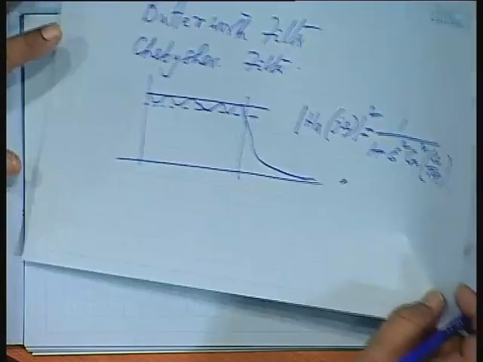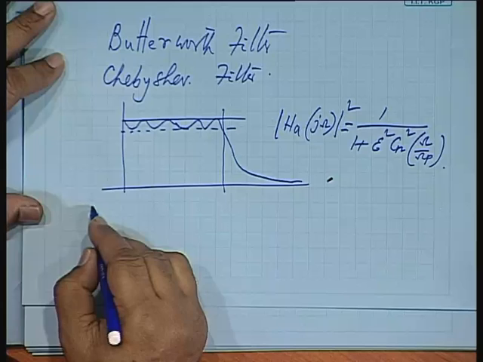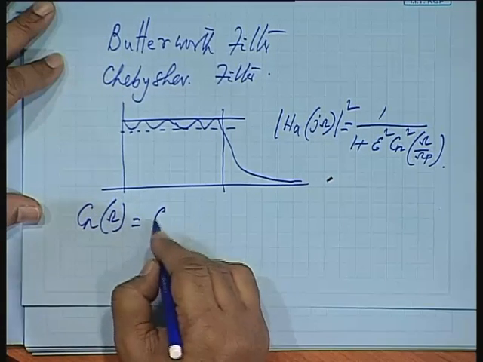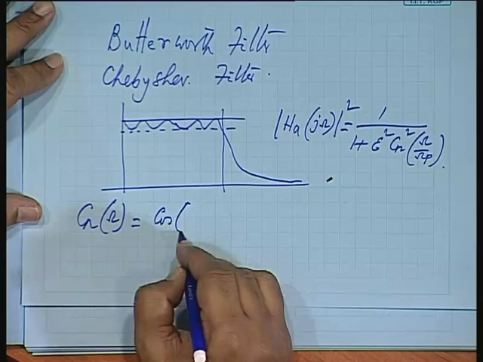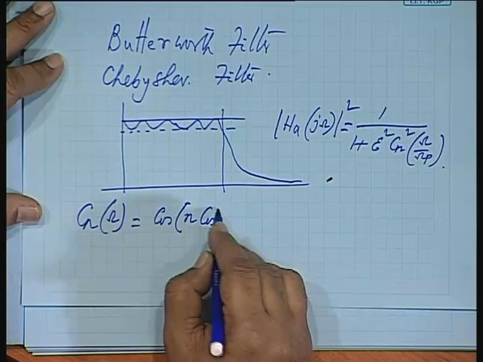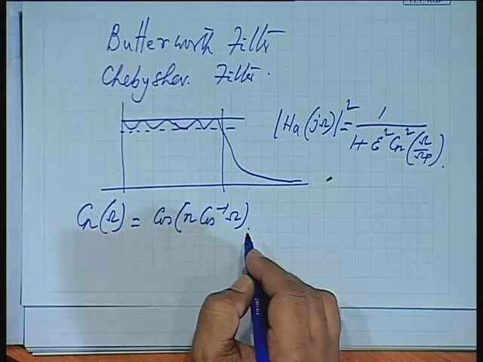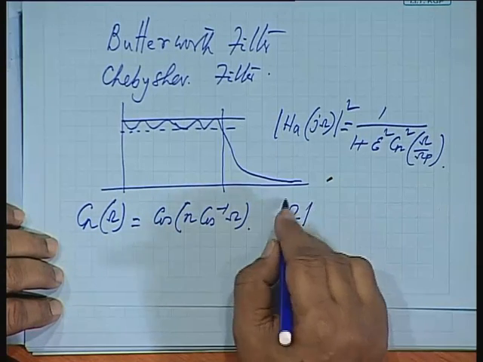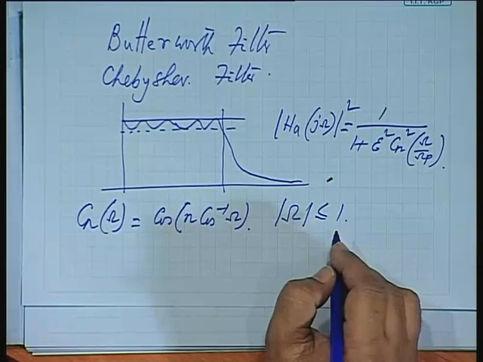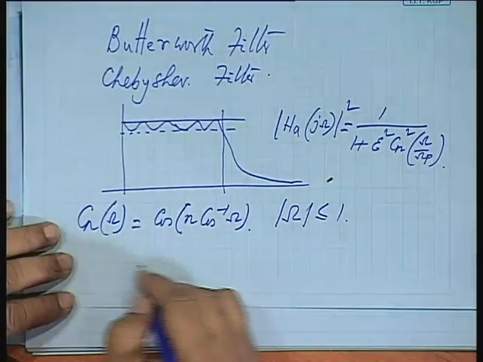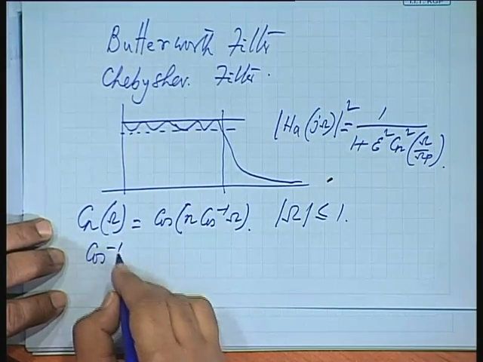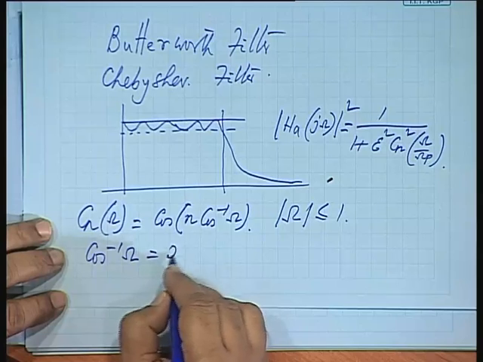Now, Cn is defined as Cn omega is cosine of n cos inverse omega, omega less than equal to 1. All right. So, how much is cos inverse omega?